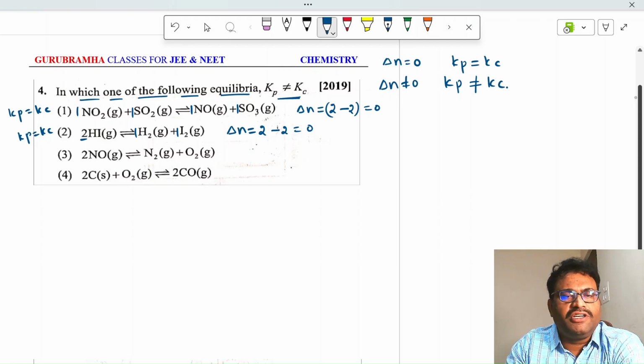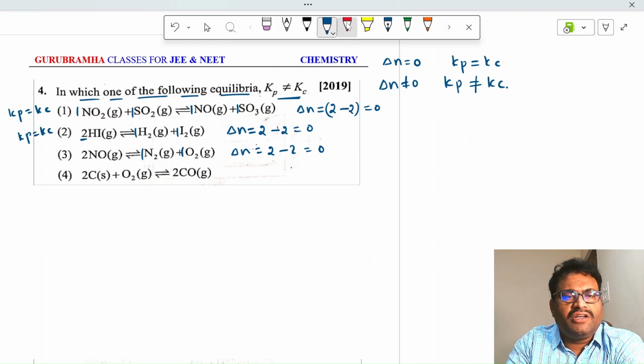Third option, you see delta N, 1 1, so 2 minus 2. All are gases, only here you can find a solid, right? So for the third option also Kp is equal to Kc.